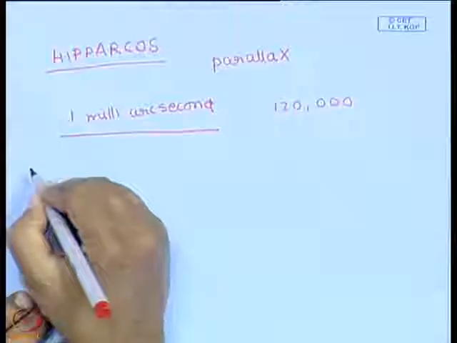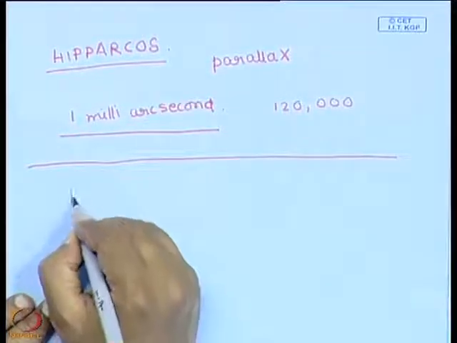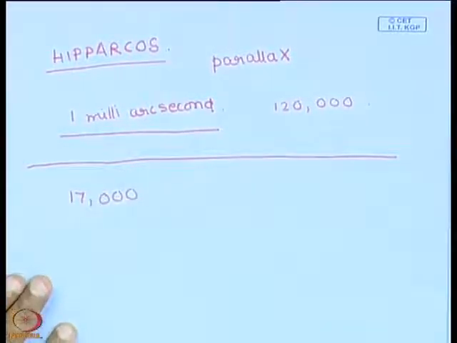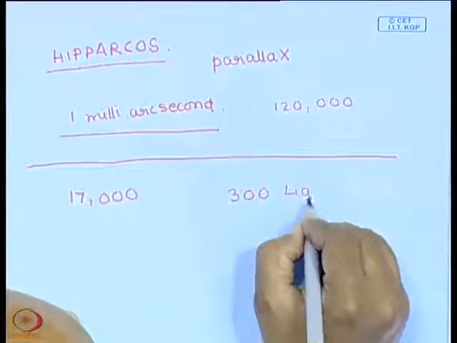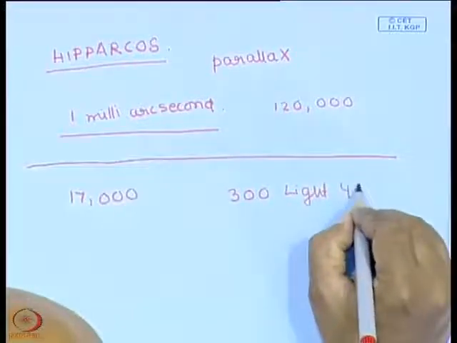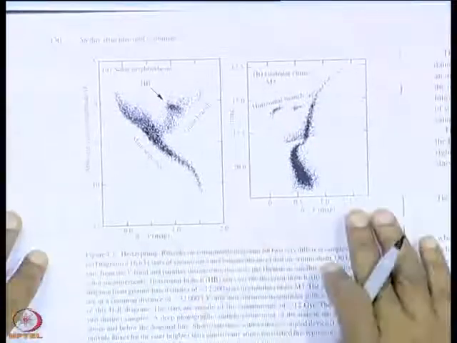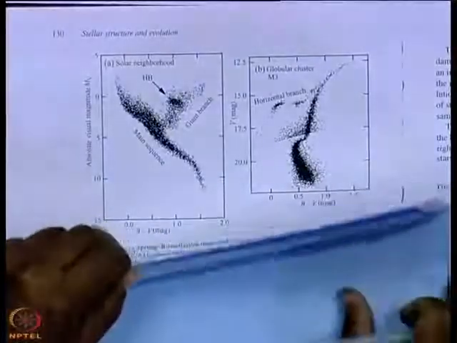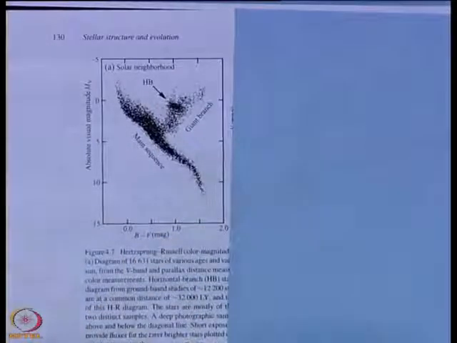So let me show you an HR diagram made with the Hipparchus data. It has around 17,000 stars within 300 light years. Let me just draw your attention to this particular HR diagram.